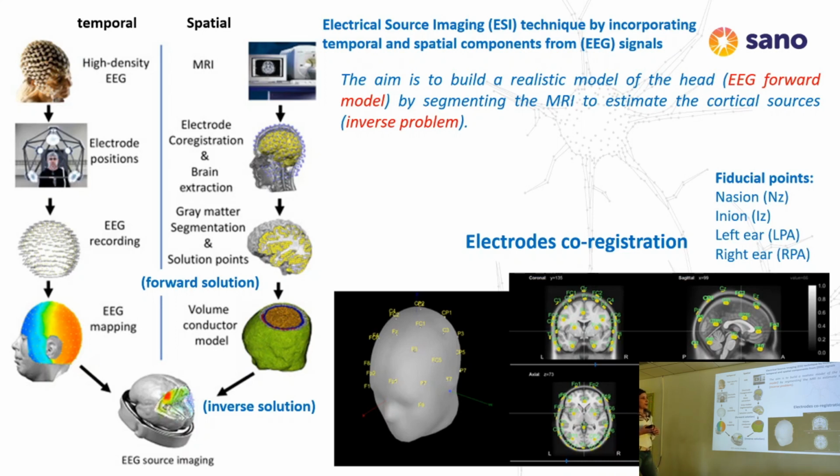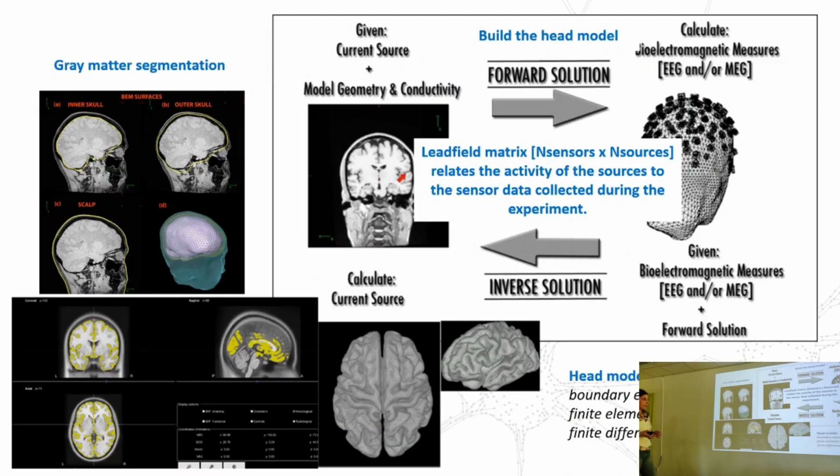First of all, we have to co-register the electrode positions on the anatomical data by identifying the same fiducial points: nasion, inion, left ear, and right ear.